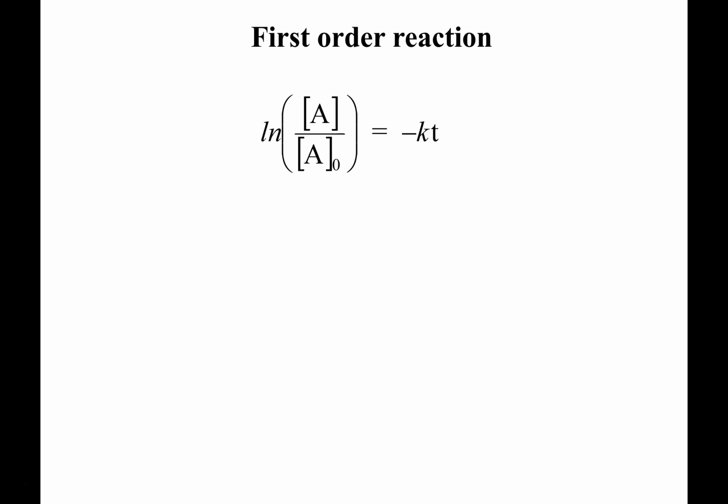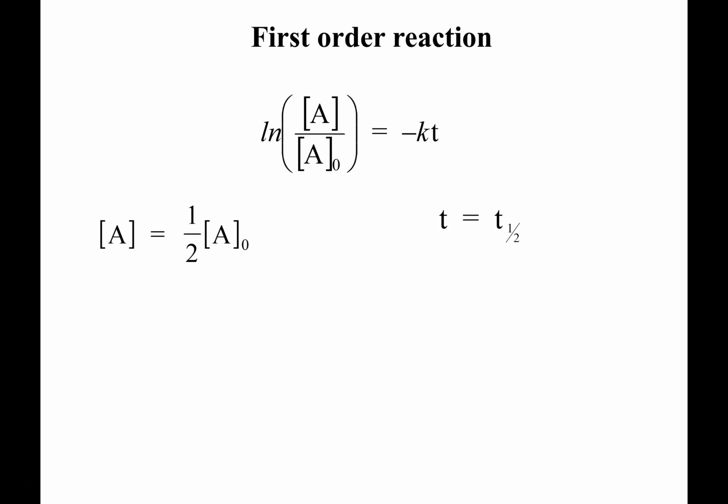So if we turn our attention to first order, we know this is the relationship between the original molar concentration, A0, and the molar concentration at time t. If we substitute in 1/2 of A0 for A, because that's what we said half-life is by definition, then the t over here is not just any t.